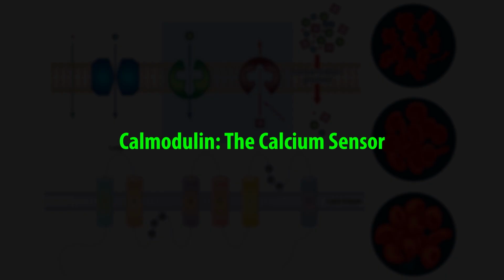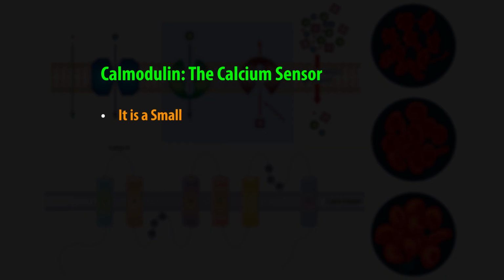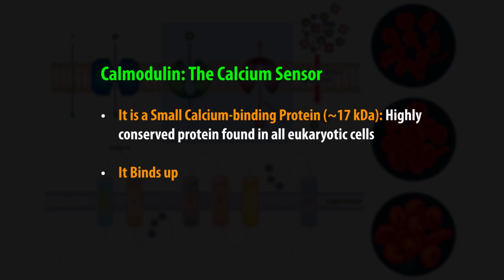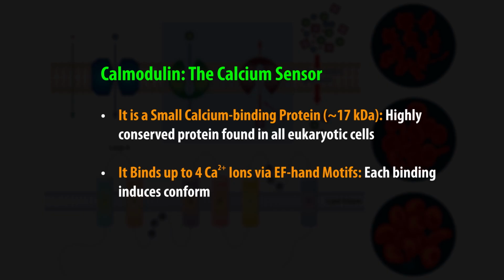Next are the calmodulins, the calcium sensors. Calmodulin is a small calcium binding protein, around 17 kilodaltons, and a highly conserved protein found in all eukaryotic cells. It binds up to 4 calcium ions via EF hand motifs.